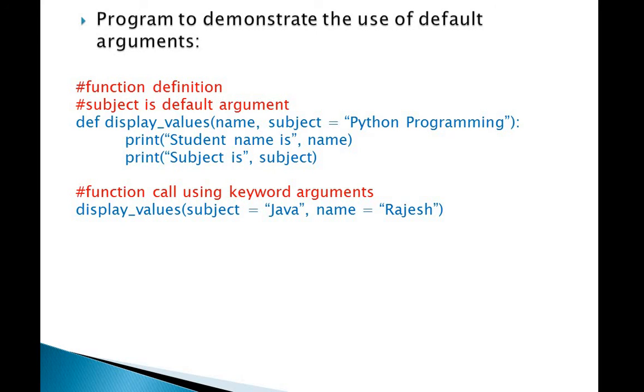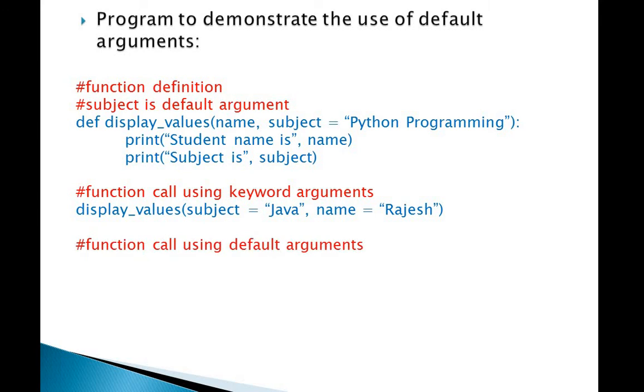Observe, the arguments in our function definition are name and subject, and the values we passed in the function call are the same, subject and name. Subject is having value Java, name is having value Rajesh.